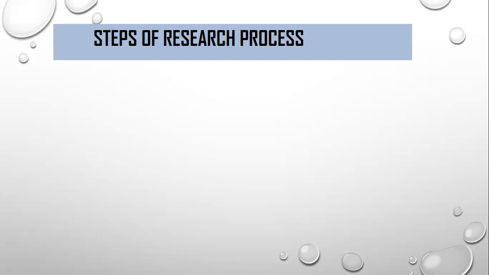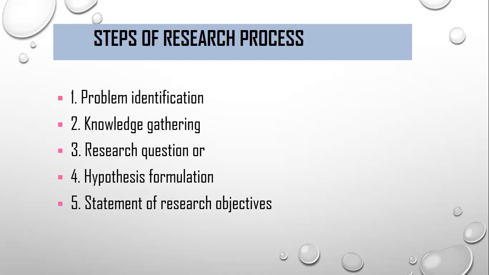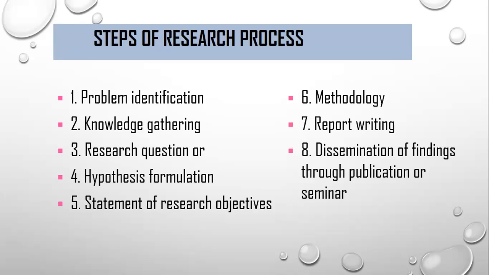But I think that for beginners, undergraduate students, or nursing students, it is better to have an idea about the research process in 8 steps. 8 steps on average is sufficient to conduct the research.